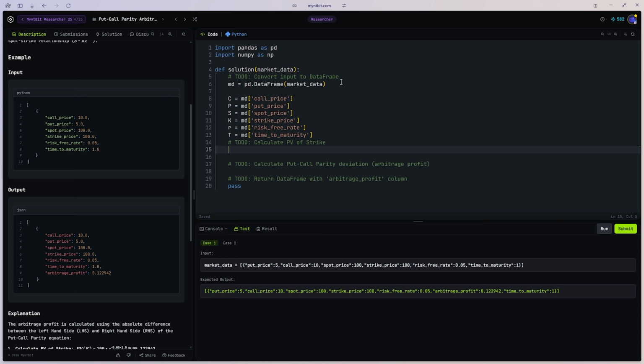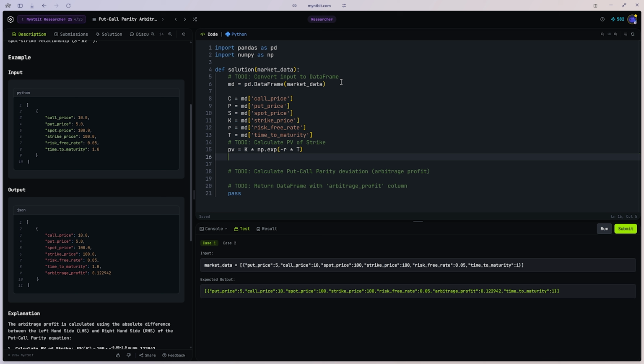So now we have to calculate the present value, which is the PV of the strike price. And the present value, as previously said, is K times numpy exponent, Euler's number, to the negative R times T. And once we have that, let's get the left-hand side and the right-hand side.